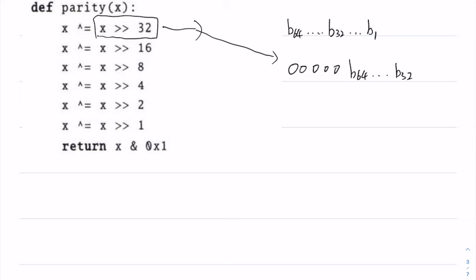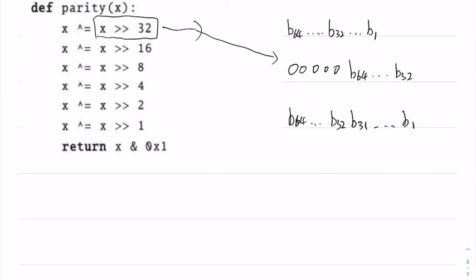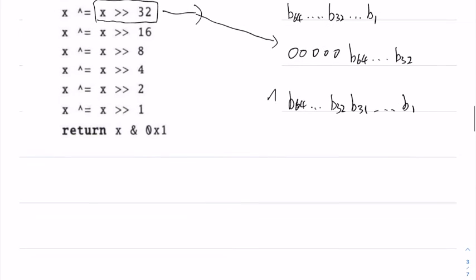So it shifts the whole number to the right by 32. It puts the first 32 bits of the original input onto the last 32 bits. And if we XOR it with the original 64-bit number, we essentially just copy it here, B32, doing the same thing with B31 and B1. So XOR with this.